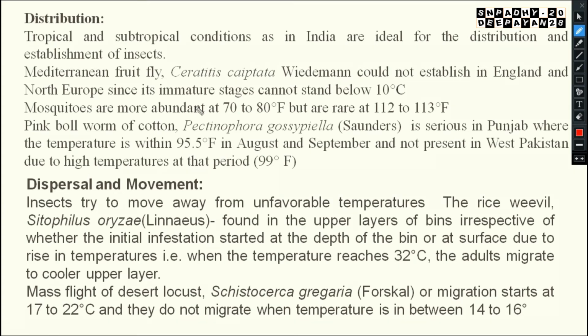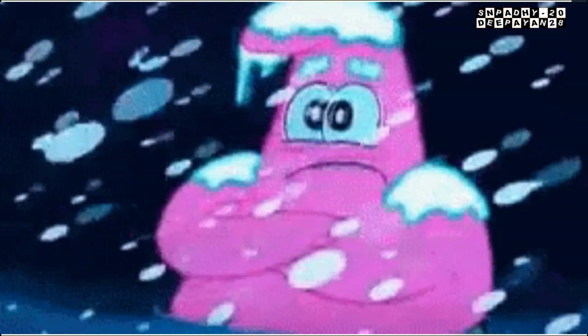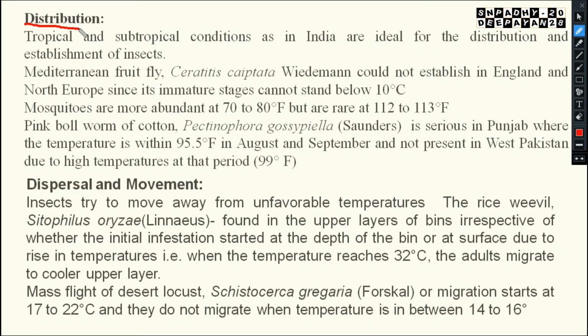So now coming to the next point, this is a bigger point, that is your distribution. How temperature affects the distribution of insects. You see, in general in the cold regions, like your temperate regions, due to the very low temperature, the distribution is not that much visible or not that much significant.